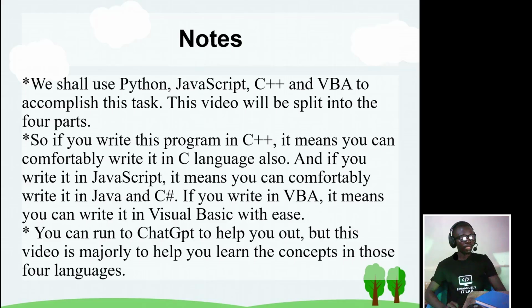And if you can do it in JavaScript, there's some relation in the syntax with C# and Java. You can also build this using Visual Basic, because if we learn how to use Visual Basic for Applications, which comes in Microsoft Excel, I'm pretty sure you can build this in Visual Basic.